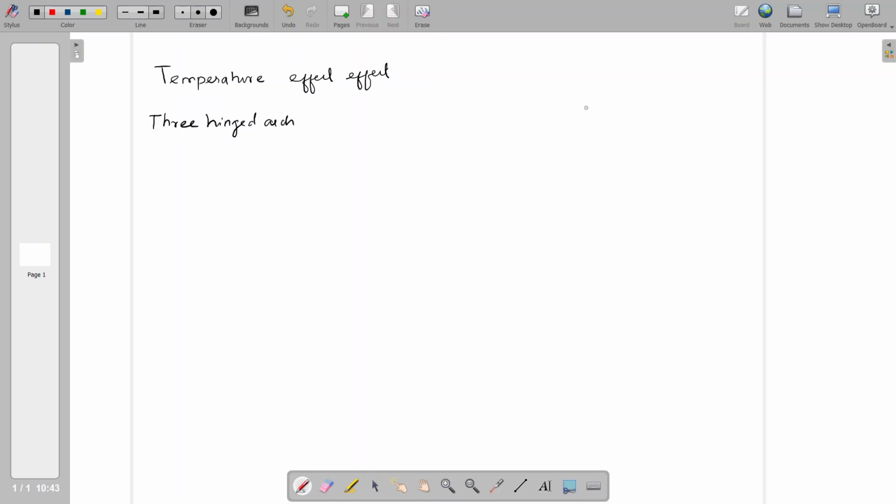In the three hinged arch, we have the crown point at the top and simple supports at the two springing levels A and B, and we have the hinge point at C. If there is a temperature change in this arch profile, the simple support will not allow any displacement in this direction.